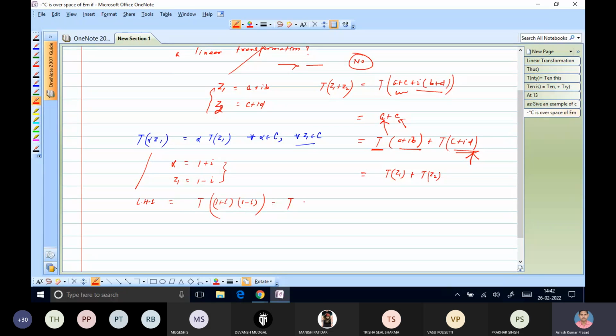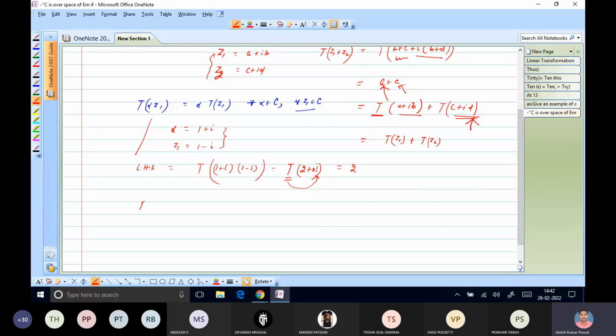So it's giving you T image of 2, and 0 I will write for better understanding. So what is the action of T? The action of T is that it is making the imaginary part 0. So I will get 2 here.